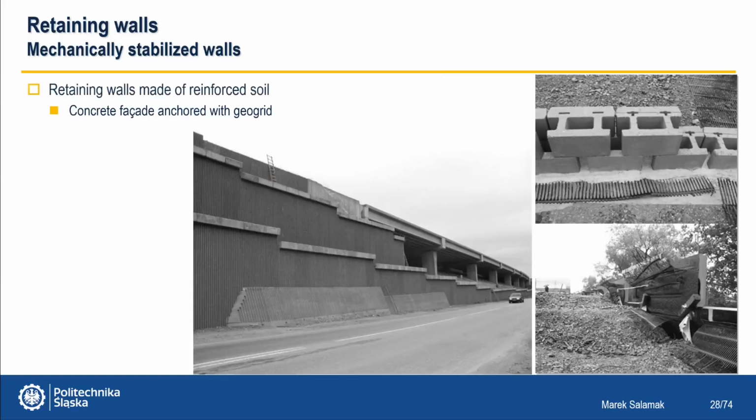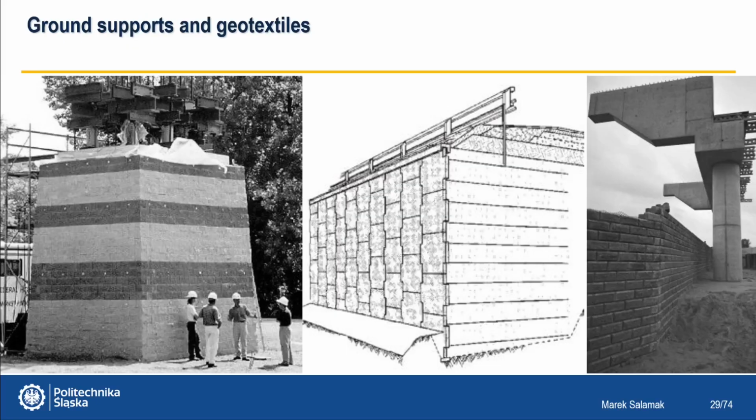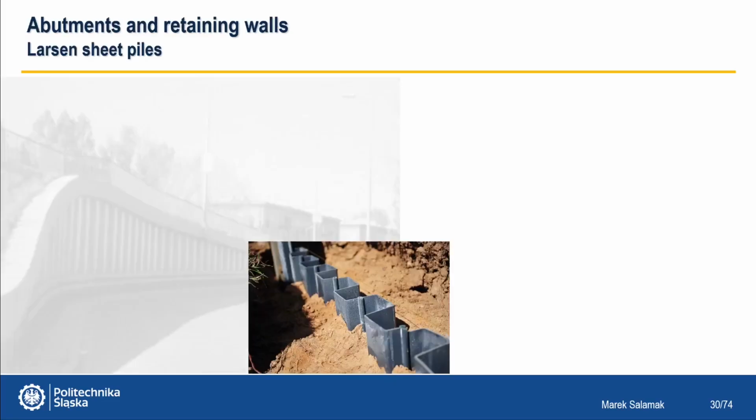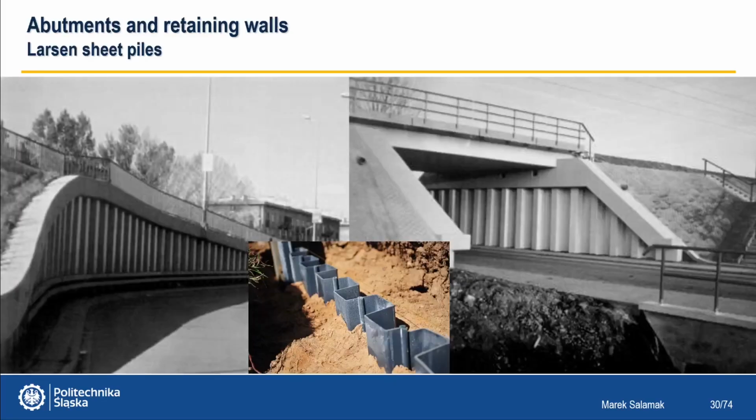Here we see examples with a concrete facade anchored with a geogrid, or even pillars made of geotextiles reinforced with geotextiles. Retaining walls and wings can also be made of sheet piling in the form of Larsen sheet piles.